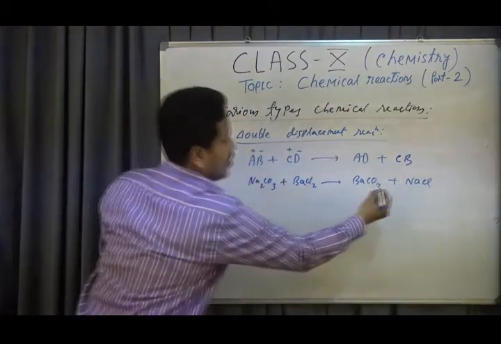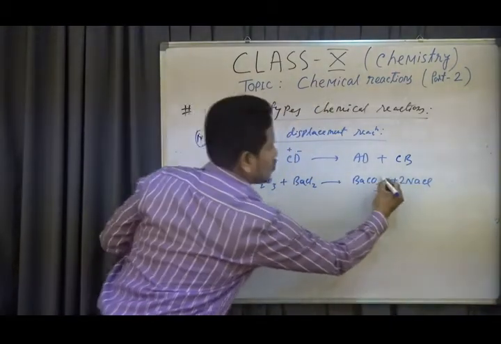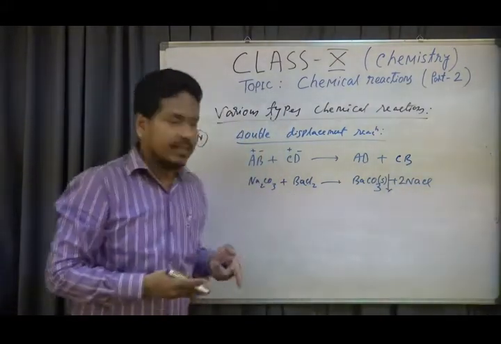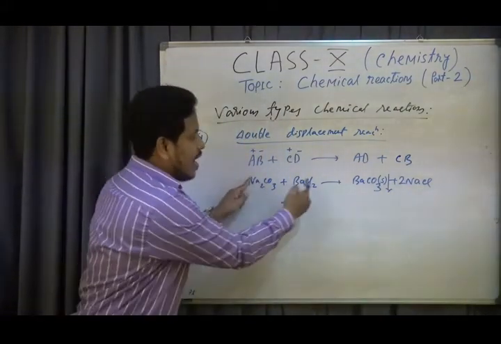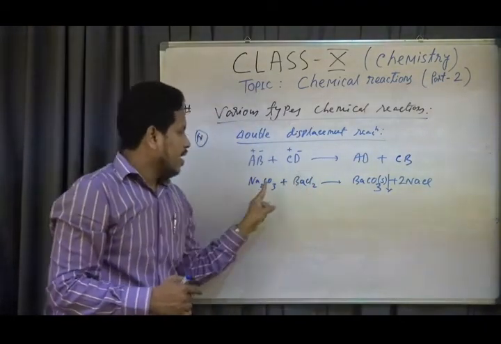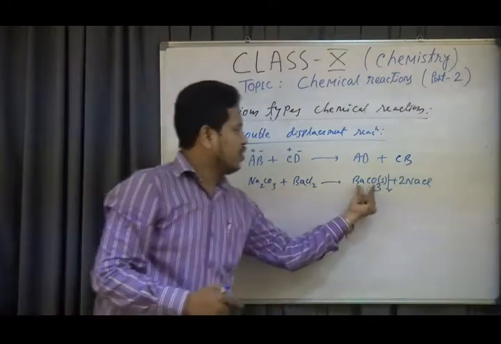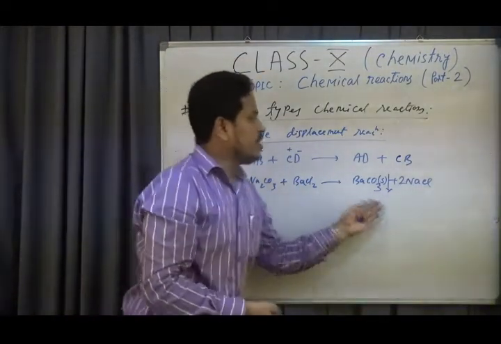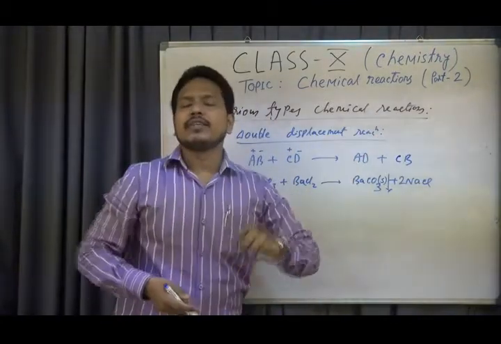Balancing is already done twice. This is the solid white precipitate, already demonstrated. The cation Na+ and anion Cl- give NaCl; the cation barium 2+ and anion CO3 2- give BaCO3. So their ions are exchanging, and double displacement occurs to give this product.